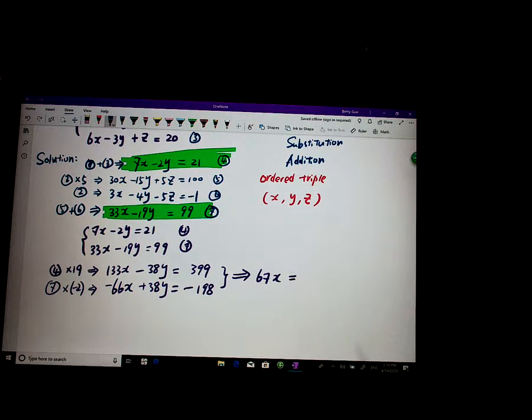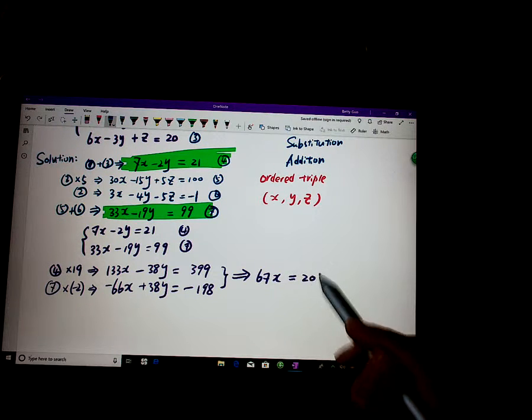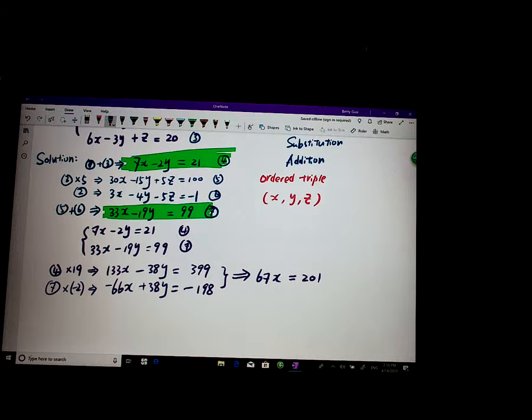And on the right hand side, 399 minus 198 gives us 201. Divide both sides by 67. We would have x equals 3.